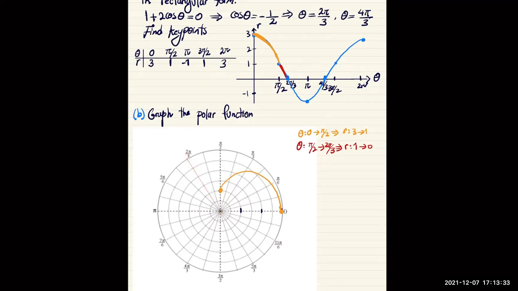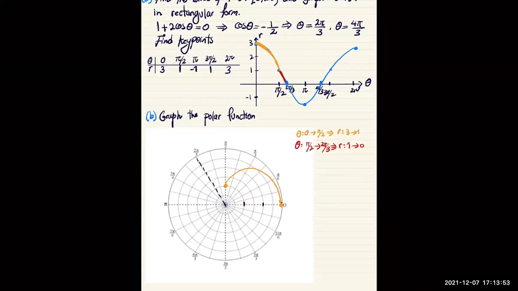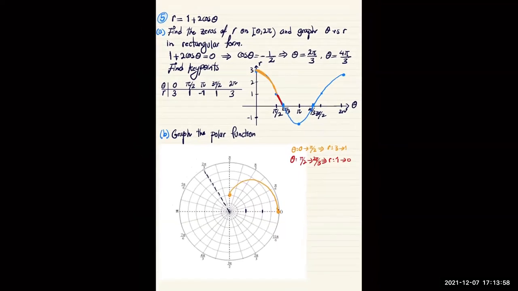What I typically do is I draw a dashed line at the angles where r is 0. 2 pi over 3 is where r is equal to 0. I just draw a dashed line indicating that this is a 0. Let me actually do that for both zeros. So at 2 pi over 3, we have a 0, that's this angle. Draw a dashed line just for reference. This is where r is 0. Also later at 4 pi over 3, which is this angle, r is again 0.